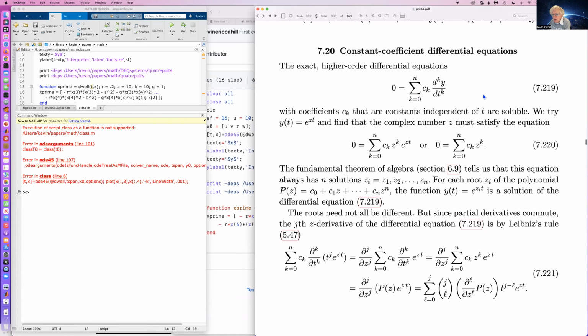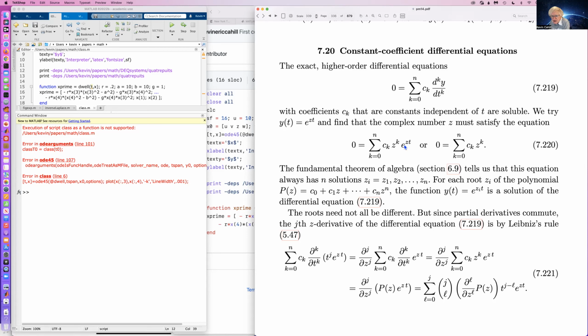One class of equations that's pretty simple to deal with are higher order differential equations with constant coefficients. So this is kind of simple. You just say y equals e to the zt and do the derivative k times, you just get z to the k.